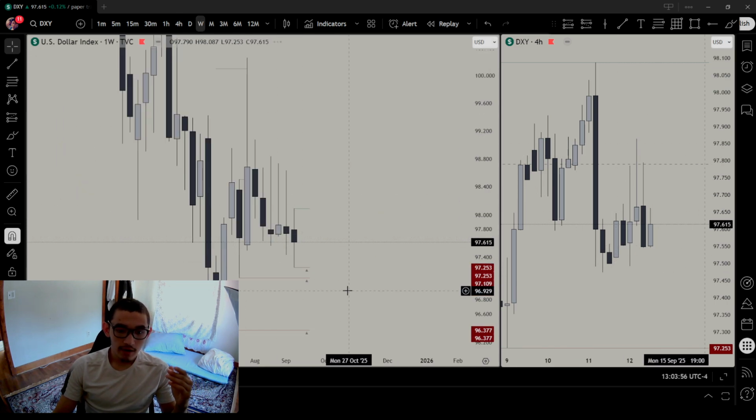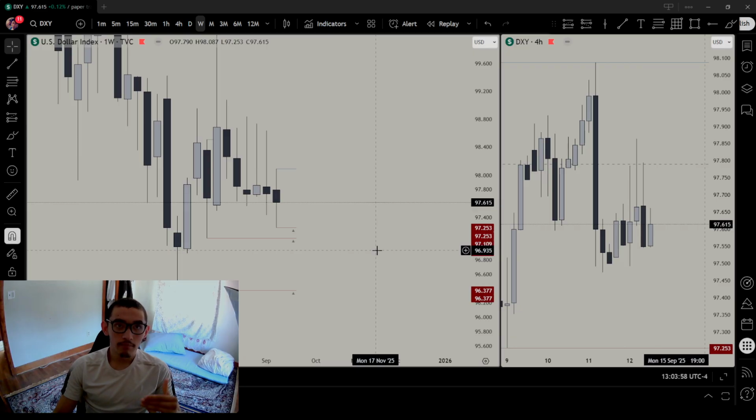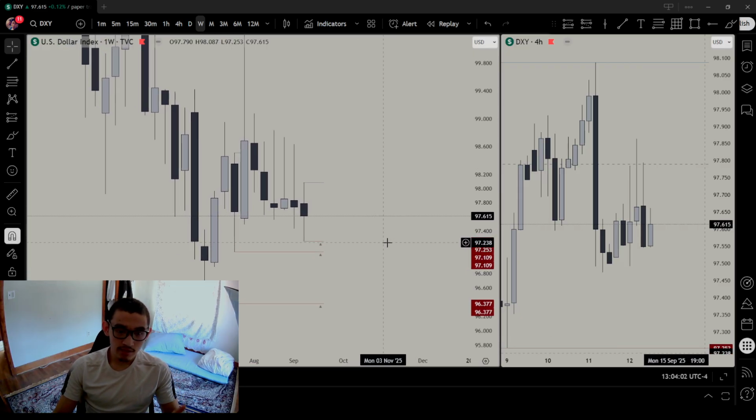As you guys know, expansion doesn't cause another expansion. Expansion causes accumulation. Accumulation causes manipulation. Expansion is always going to trend, range, trend, range, trend, range, right? So it's always going to do those specific things.